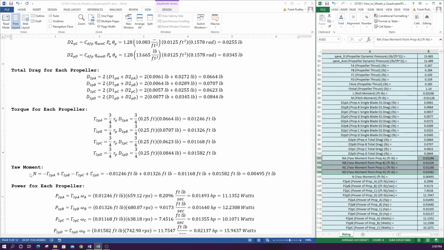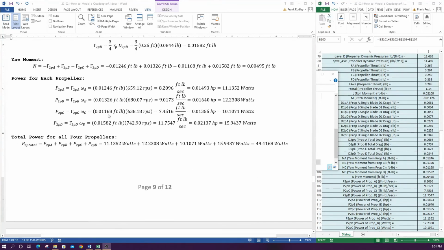Now our yaw moment, from the equation we looked at previously, is equal to minus A plus B minus C plus D, because of the counterclockwise and clockwise rotation of the propellers. So we get 0.00495. That's over here, and it matches the spreadsheet.